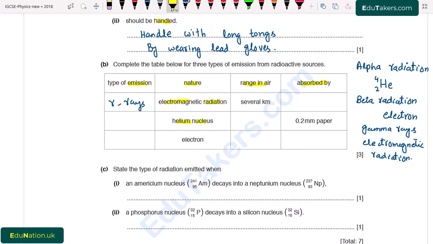So, we can see from here that alpha radiations are just like helium nucleus. So, I write here these are alpha radiation. And last one is electron. Electrons are negatively charged and beta radiations are just like electrons. So I write here these are beta radiation.